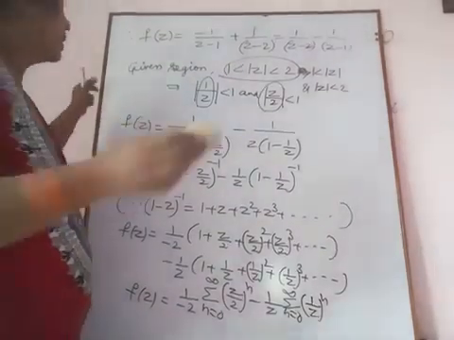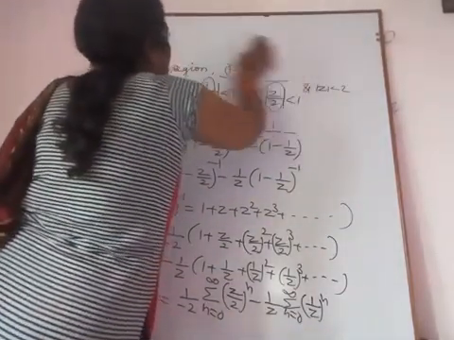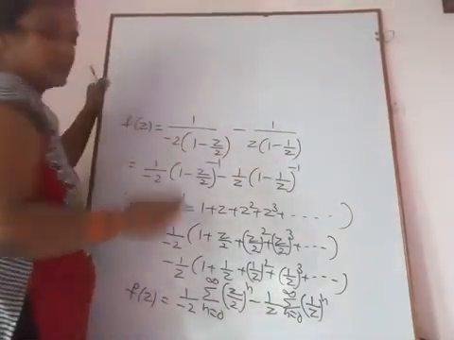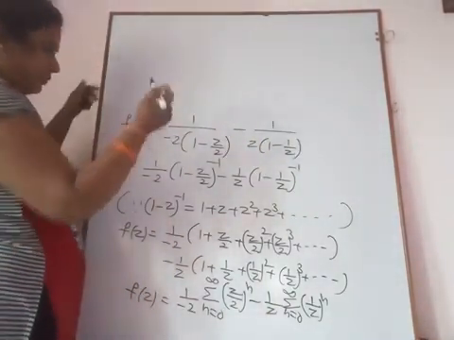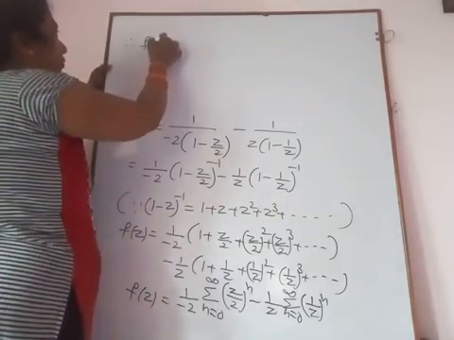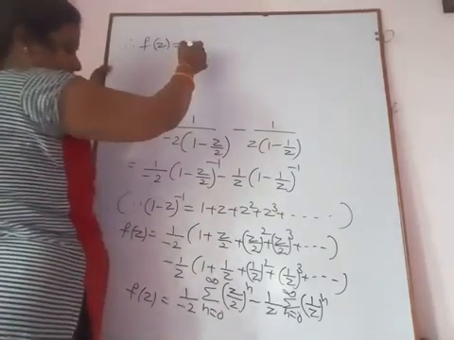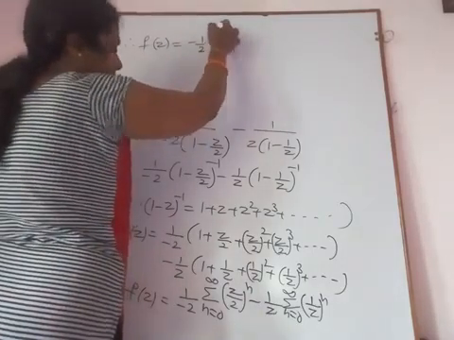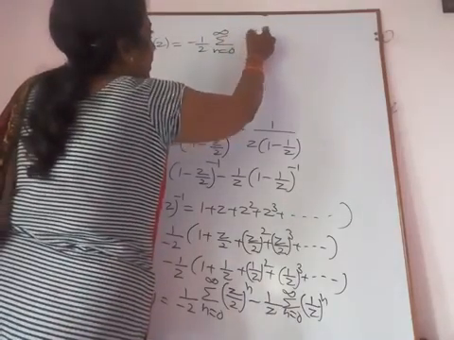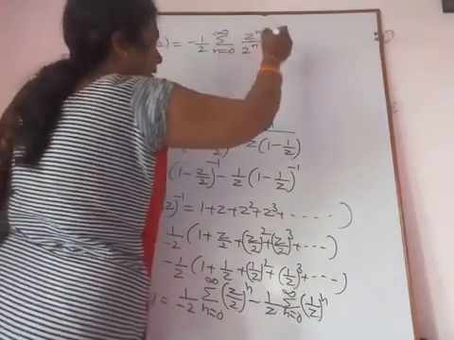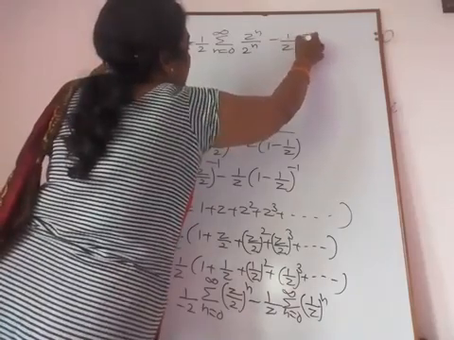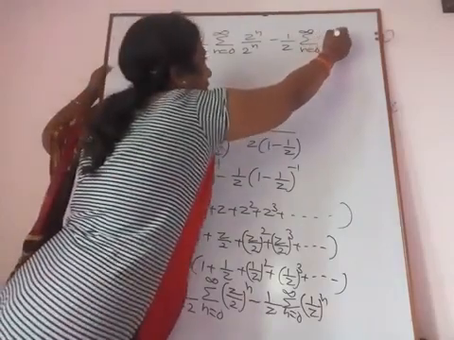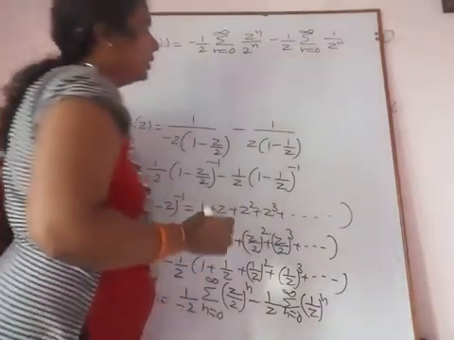Okay. Therefore, f of z is equal to minus 1 by 2, sigma n equal to 0 to infinity z power n by 2 power n, minus 1 by z, sigma n equal to 0 to infinity 1 by z power n.